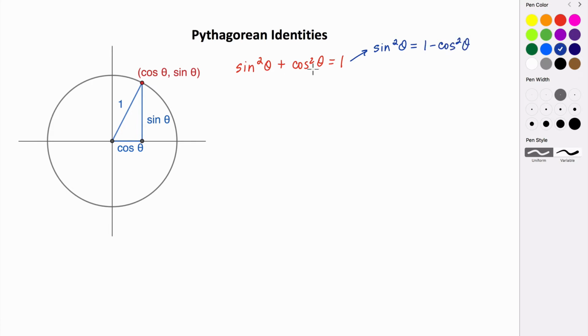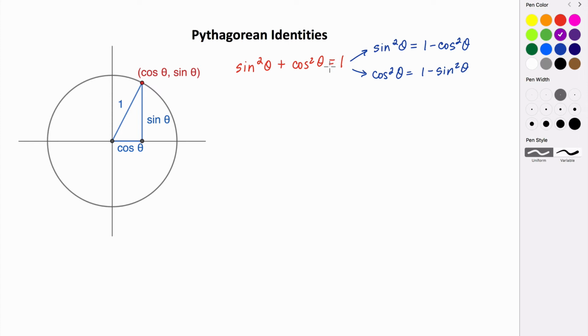Or if I wanted to isolate my cosine squared, I could just say cosine squared theta is equal to 1 minus sine squared, just by subtracting the sine squared theta from both sides. And that gives us two new identities, which are really just a manipulation of these. So if we ever need to substitute something in for sine squared, we could always use 1 minus cosine squared theta.